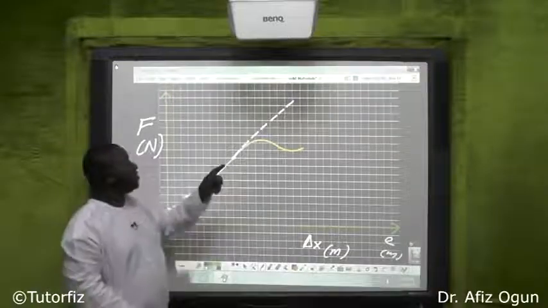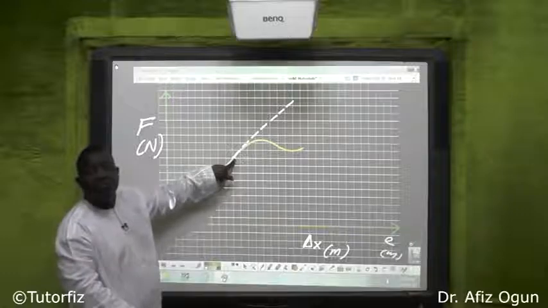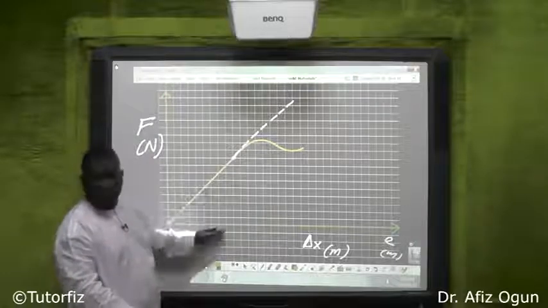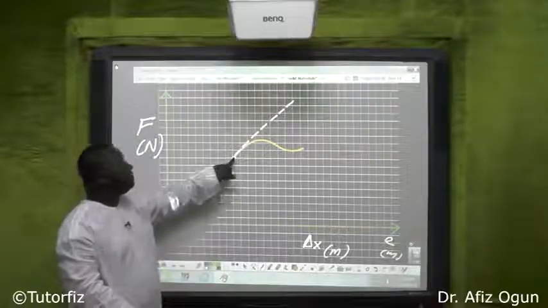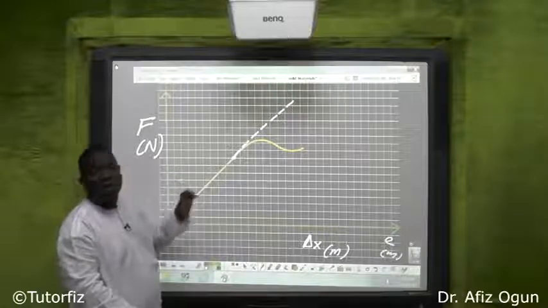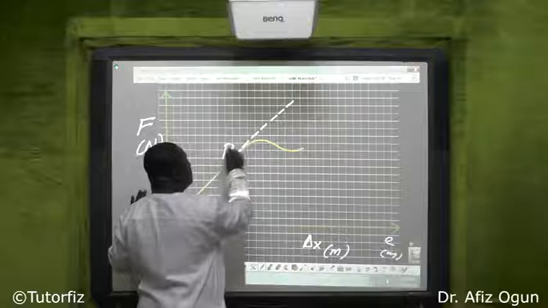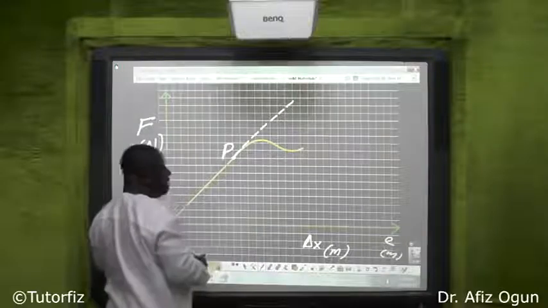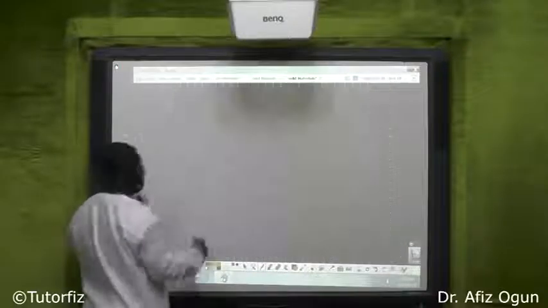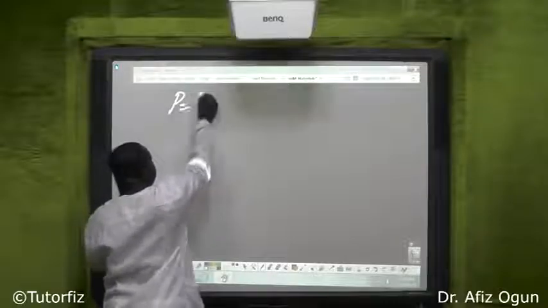Because it has reached a limit where it is no longer proportional. So we call that place after which it is no longer proportional. It is proportional up to that limit. So we call that place P, limit of proportionality.